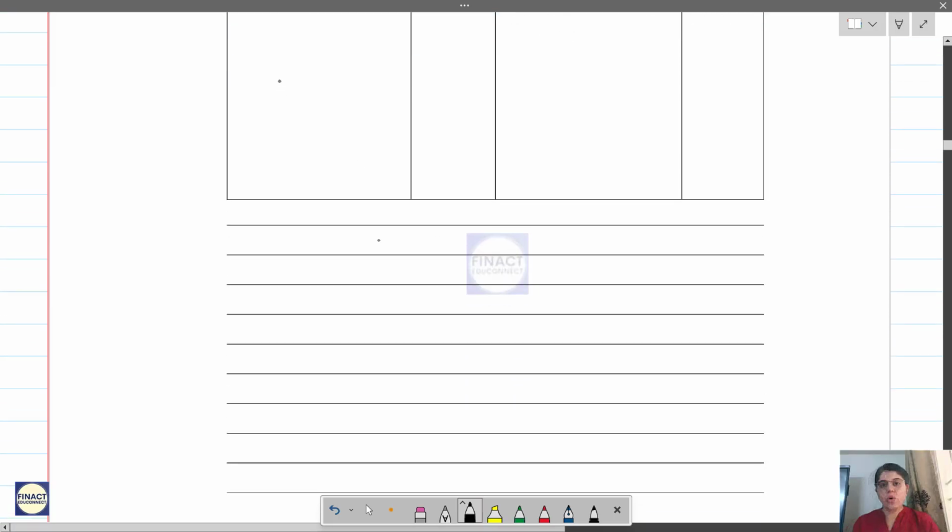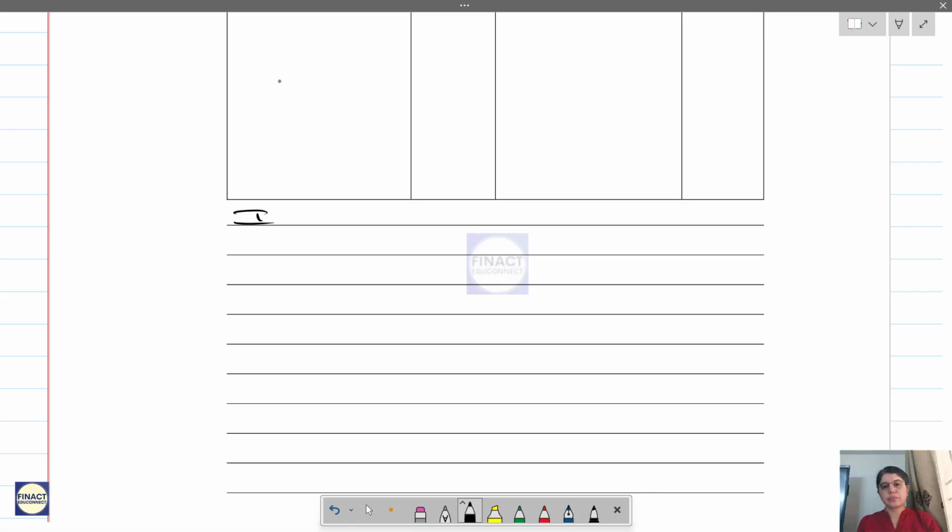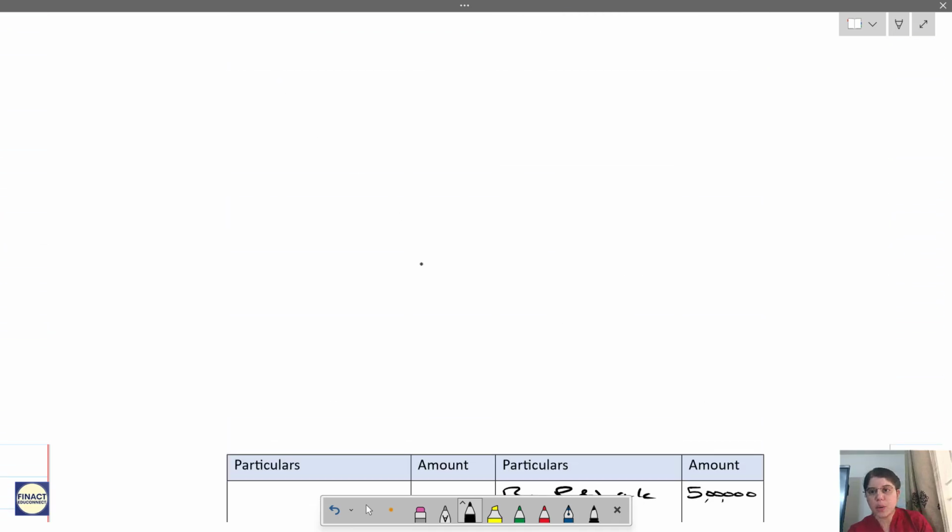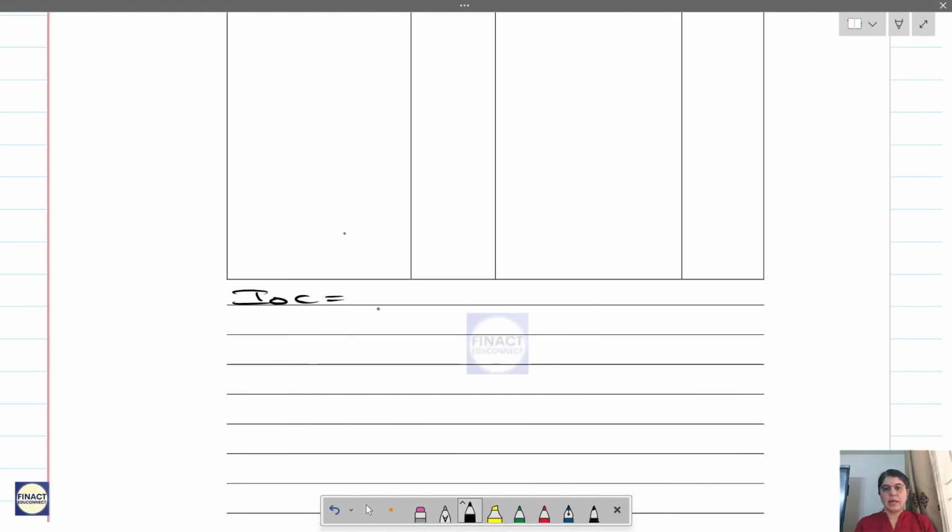Now what is the total interest on capital? It was given in the question, right? Interest on capital is 1,80,000 plus 1,40,000. So that comes to 3,20,000, correct?